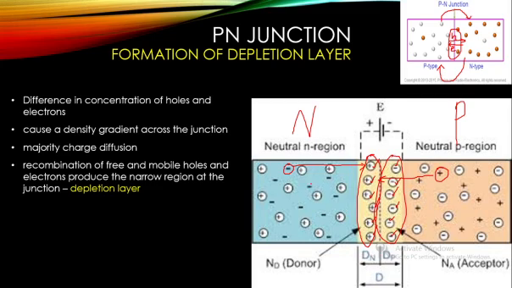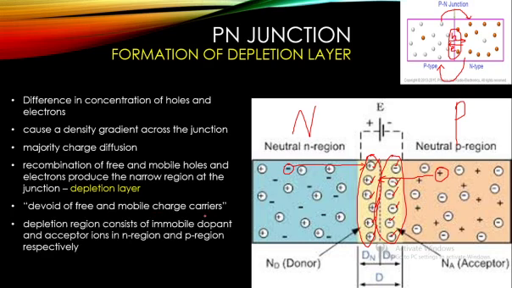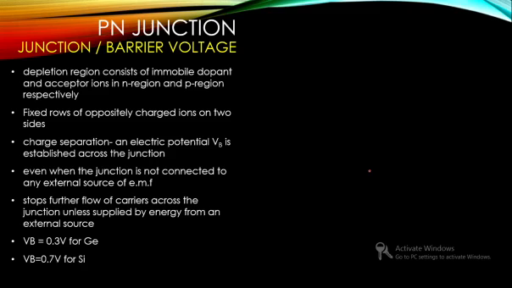Those are the regions where the majority charge carriers are recombined. These are the regions which are devoid of any free or mobile charge carriers, and hence the name depletion layer. It consists of immobile donor and acceptor ions in the n region and the p region respectively. So here we can see the p-n junction.